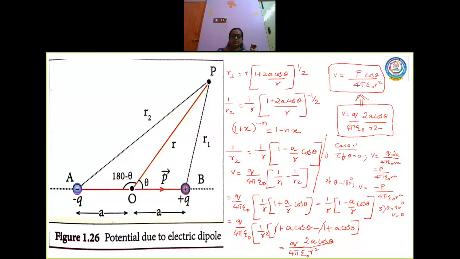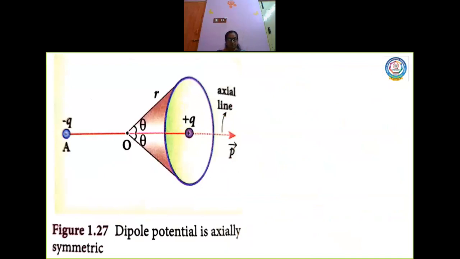Now I am going to discuss 2 points here. What are the 2 important points as far as this equation is concerned? In the equation, V is equal to p cos theta by 4 pi epsilon naught r square, the potential varies.